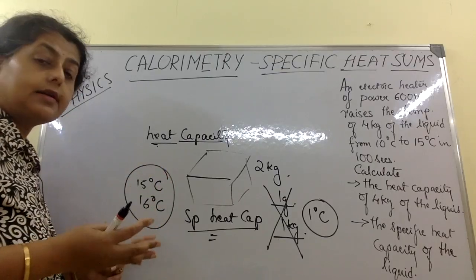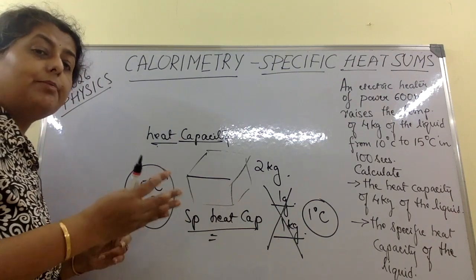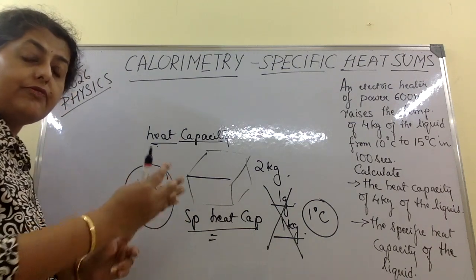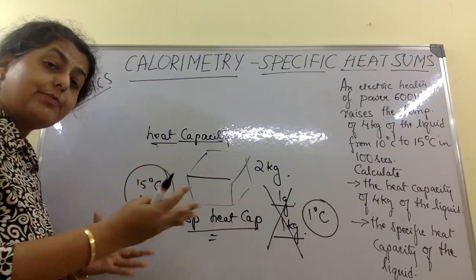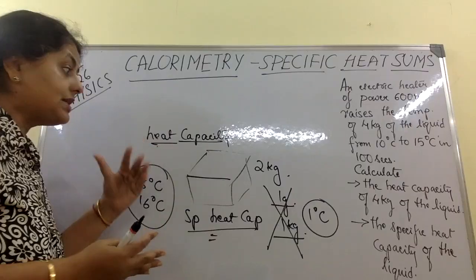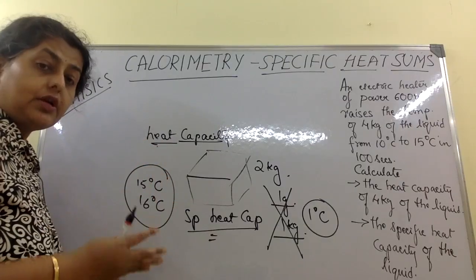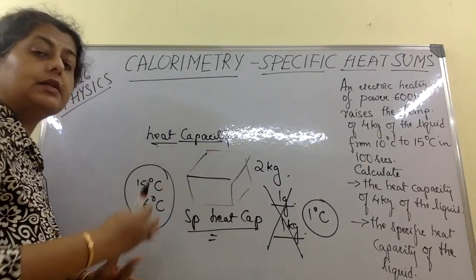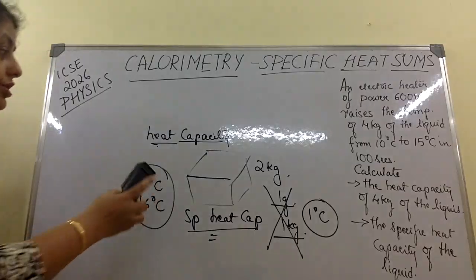But specific heat capacity is actually for a material. It will be for iron, it will be for copper, it will be for water, like that. So it changes from material to material. Heat capacity is from article to article. If the object becomes bigger, heat capacity will become bigger. Okay, so let's see what this question is telling us now.